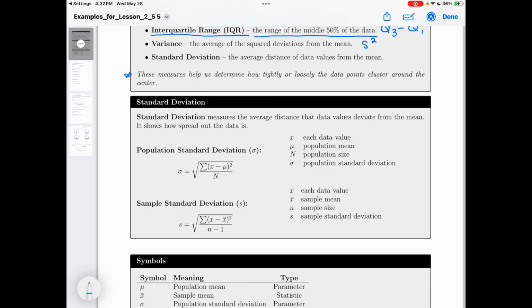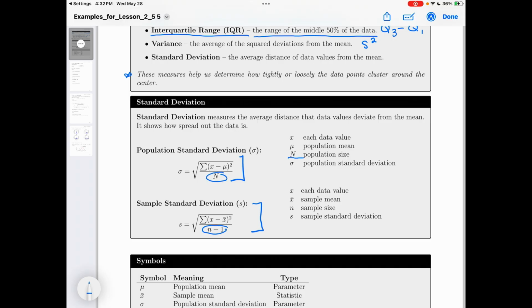So depending on if we're calculating the standard deviation from all of the data values in the entire population, then we would use this formula here. If we are calculating the standard deviation based on just the list of the sample data values, then we would use this formula.